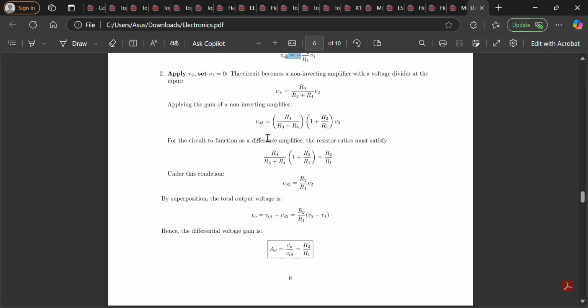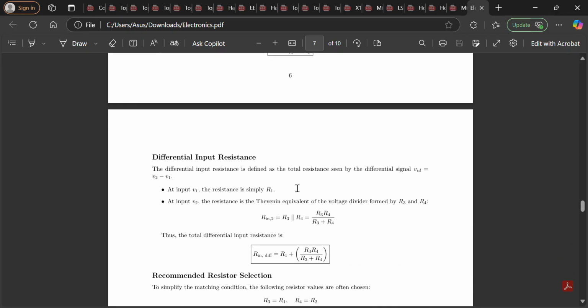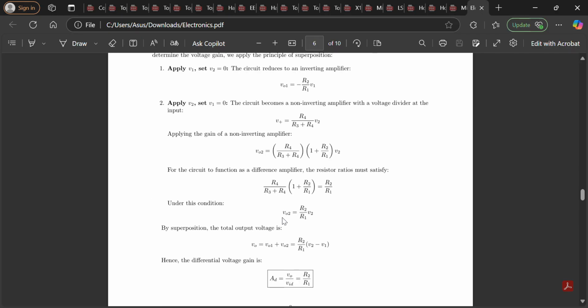With that, the output should be equal here, and the input resistance should be the total differential input resistance here. In this equation, we can also see that this is the Thevenin equivalent of the voltage divider formed by R3 and R4, which basically we can see here.